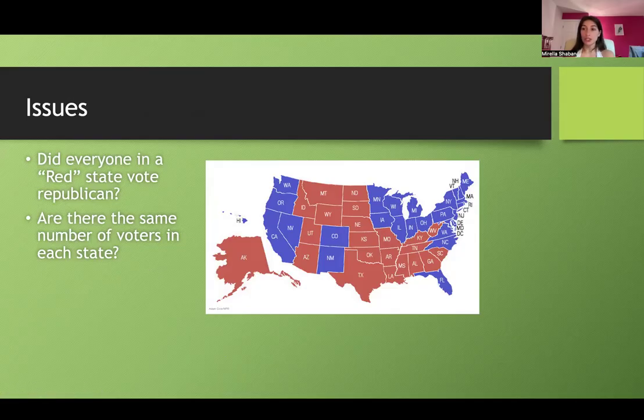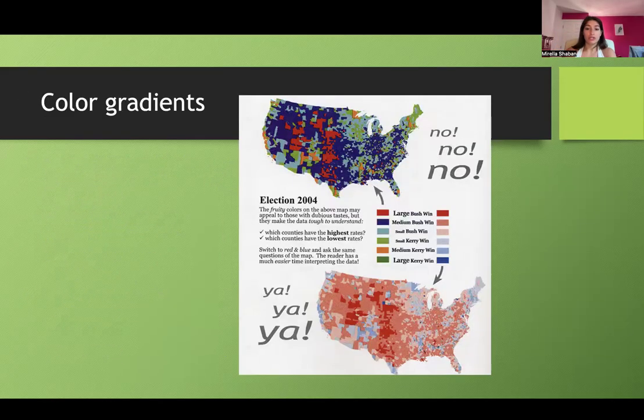Now you're talking about population density. If you're looking at whether or not everyone in the red state voted Republican, now you need a color gradient to represent, kind of like this map at the bottom, whether there was a very strong leaning towards Republican or a very strong leaning towards Democrat or somewhere in between.